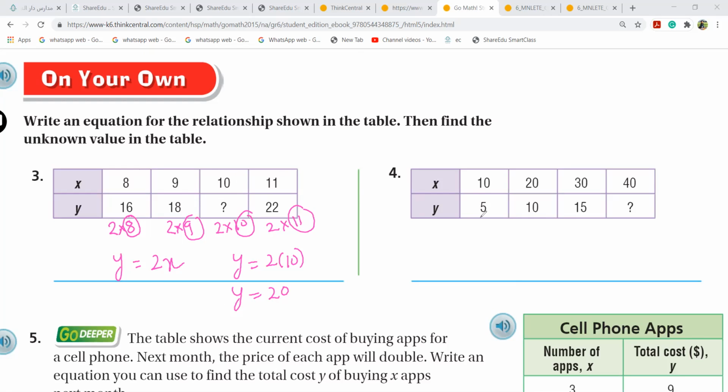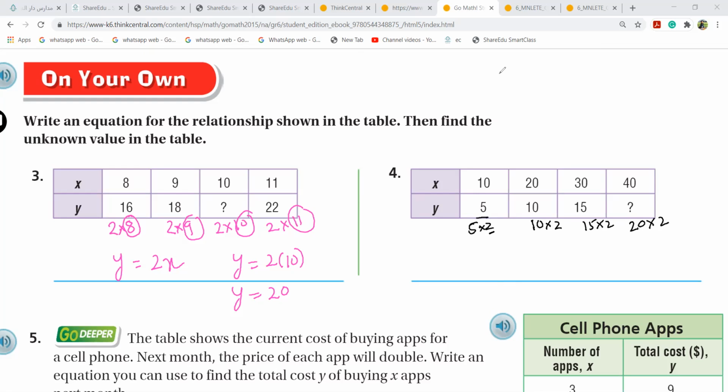Now see here, 5 times 2, 10 times 2, 15 times 2, 20 times 2. 5, 10, 15, 20, like that. But all are times 2.